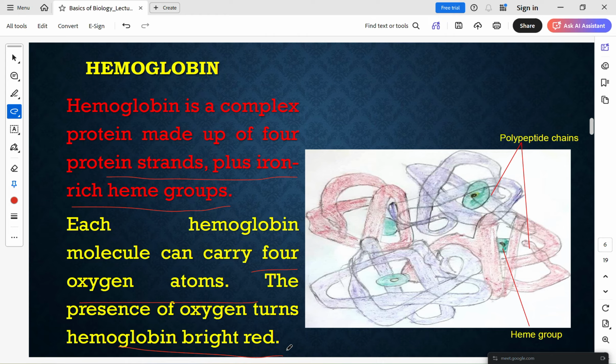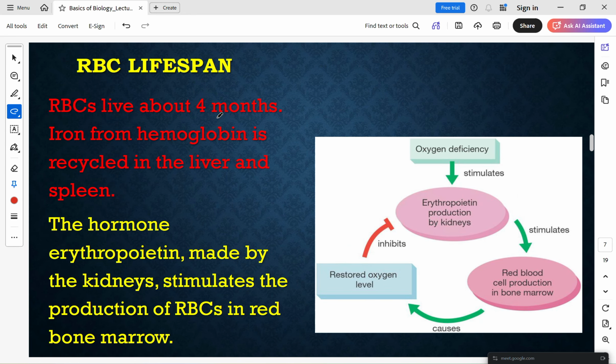If the arterial blood is also darker in color, then there are some issues with the iron carbon dioxide system. RBCs live for about 4 months, and when they die, they go to the liver and spleen to get recycled.